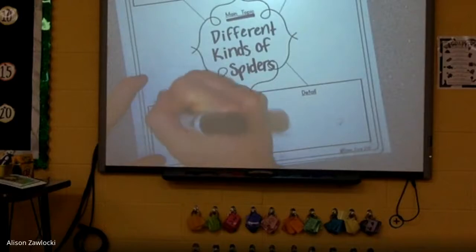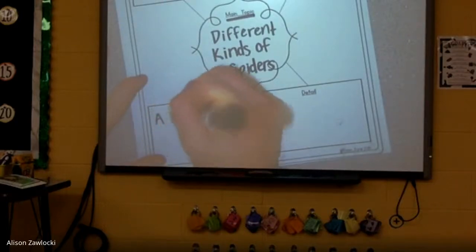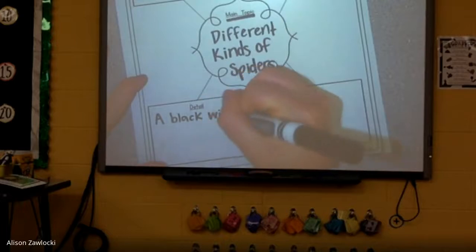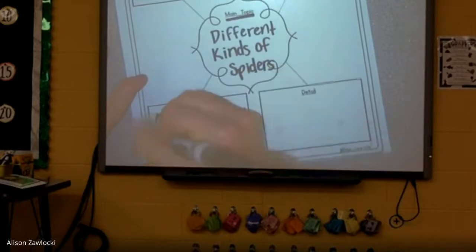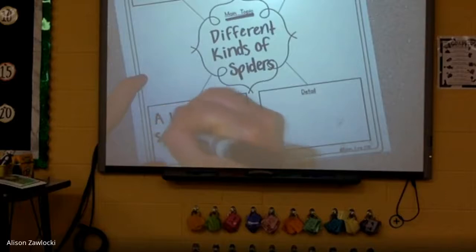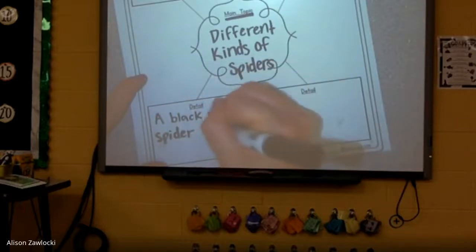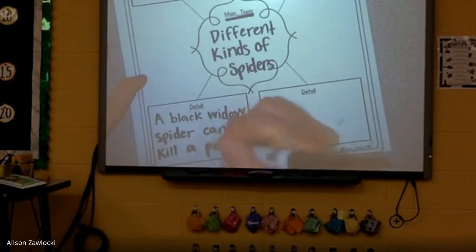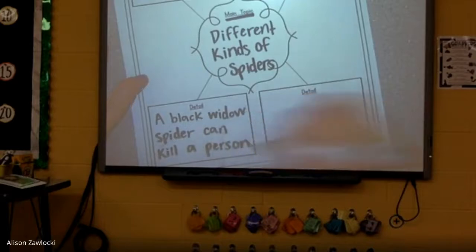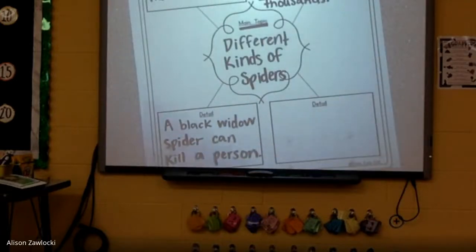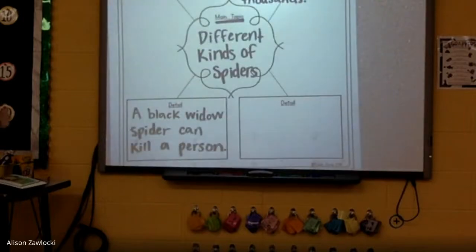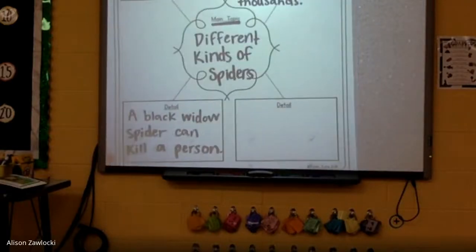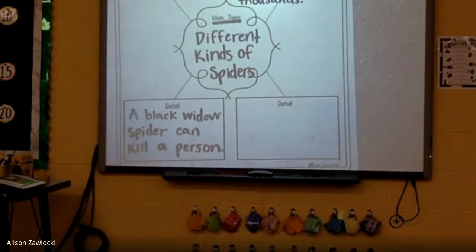A black widow spider can kill a person. It has poison that's very dangerous. But it only bites when it's disturbed or in danger. So there's not many of these around us. But that is a very interesting fact, and that is a detail that proves that there are different types of spiders.